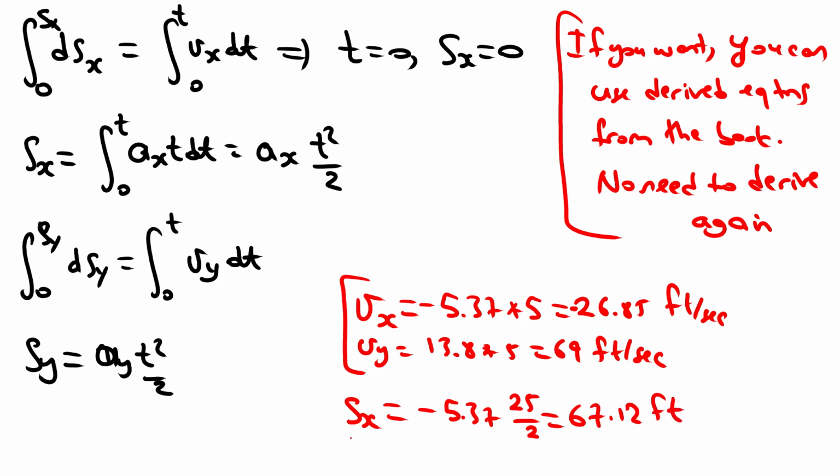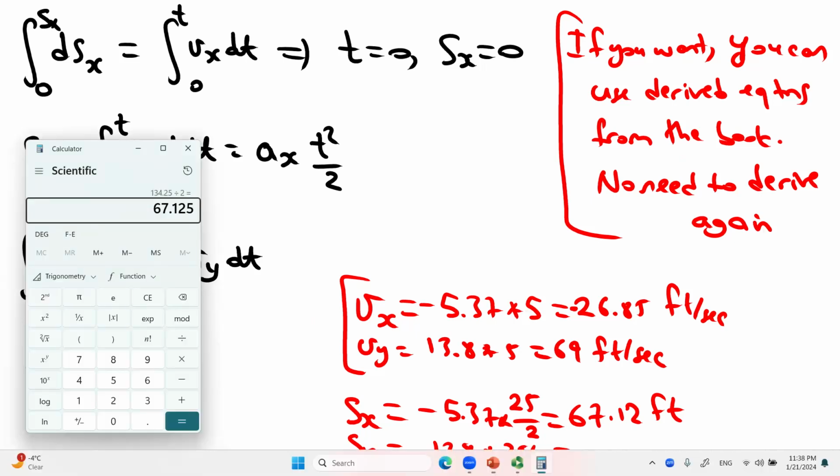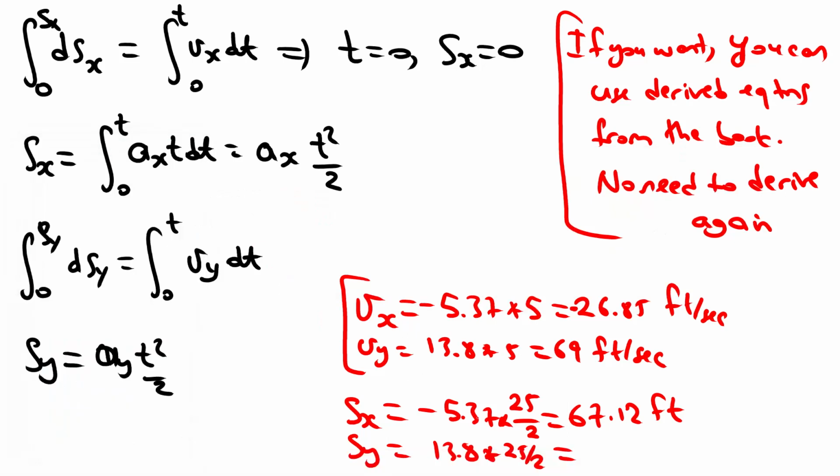And then sy will be exactly the same, 13.8 times 25 by 2, and that will be 172.5 feet. These are the sx and these are the vx values.